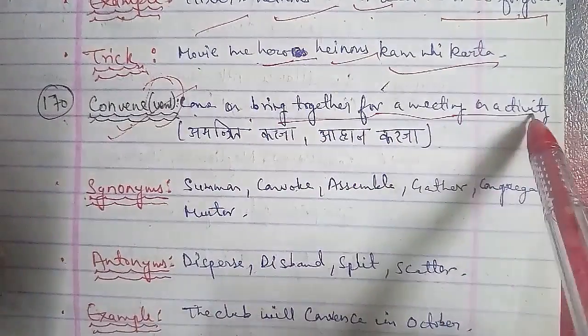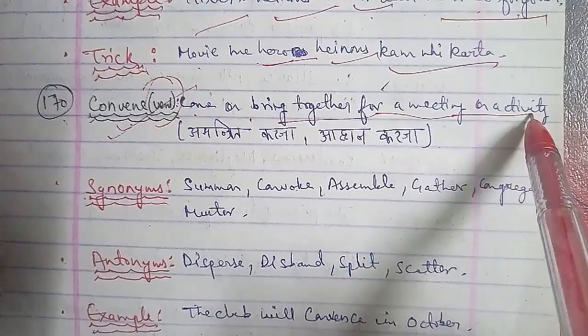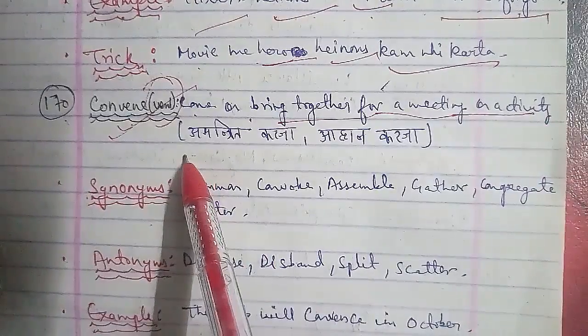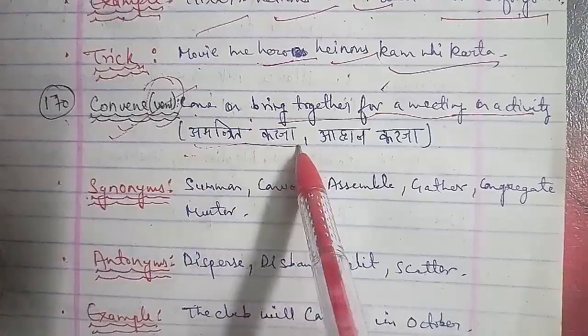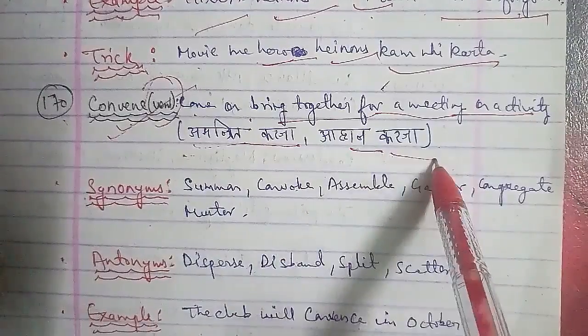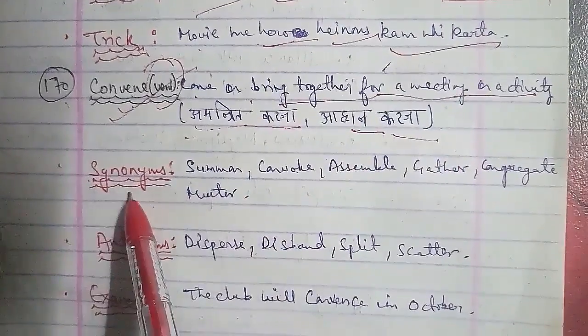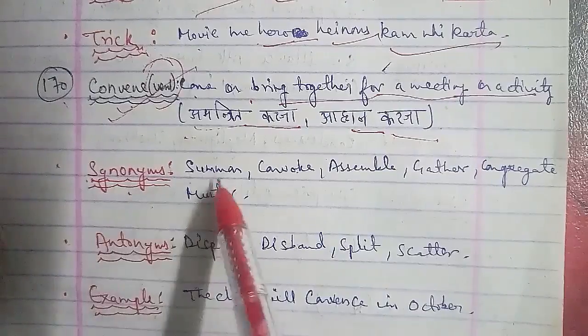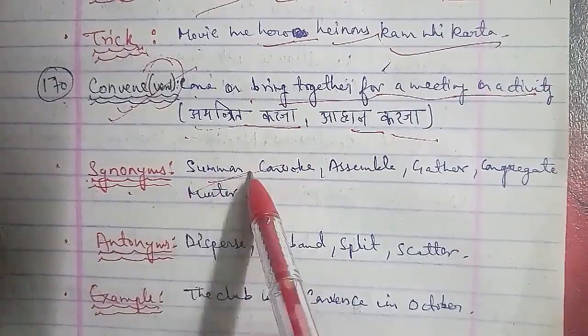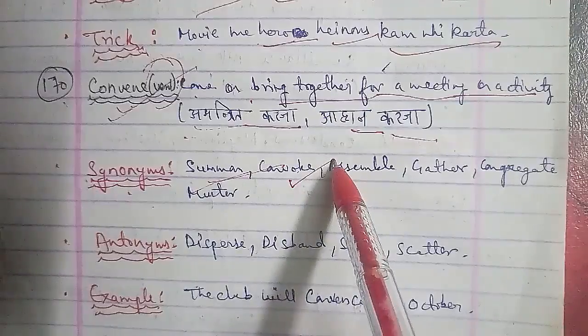Now moving on with the antonyms of convene that we have here: disperse, disband, split, scatter. The example of convene that we have is: the club will convene in October.